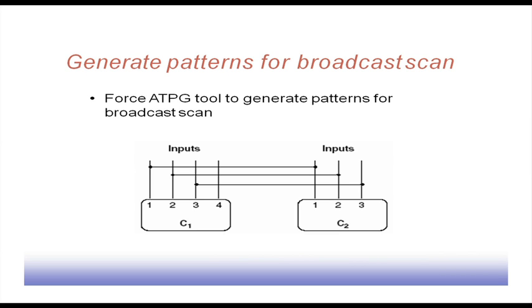Now, some ATPG tools allow you to do this operation. Even if you do not have two different circuits, you can constrain the ATPG to say that certain primary inputs will get the same values. That also serves our purpose.